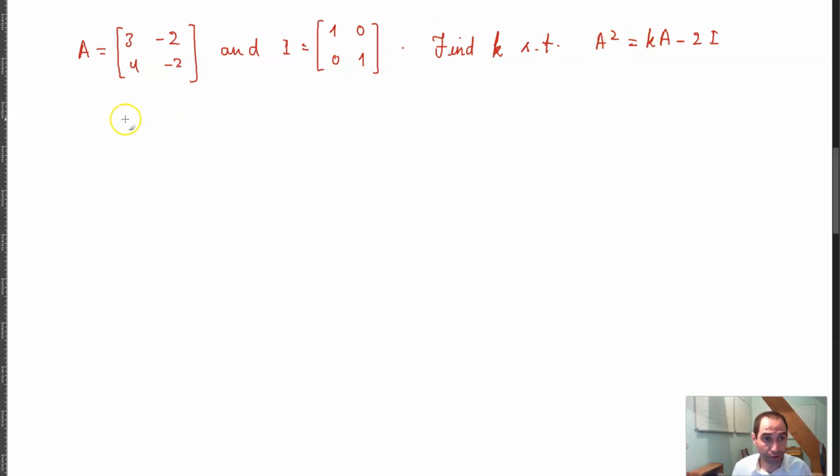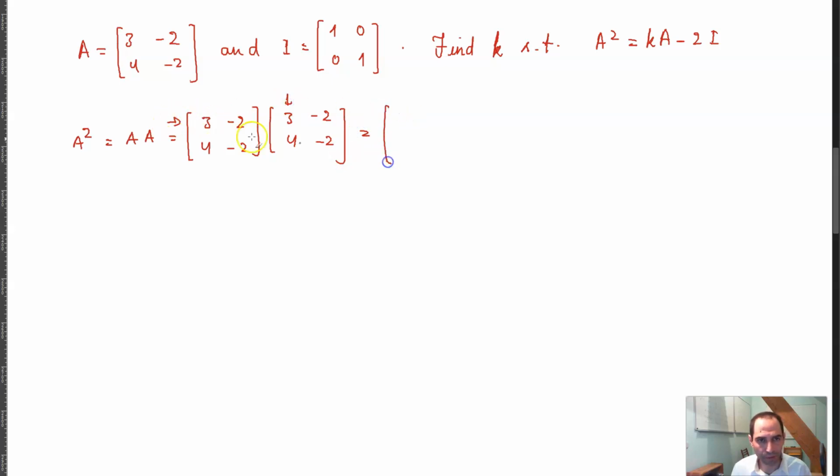Now, but first we need to calculate A squared, which is equal to A times A, which is basically 3, negative 2, 4, negative 2, times 3, negative 2, 4, negative 2. If I go for this row, this column, that gives me 9 plus negative 8.